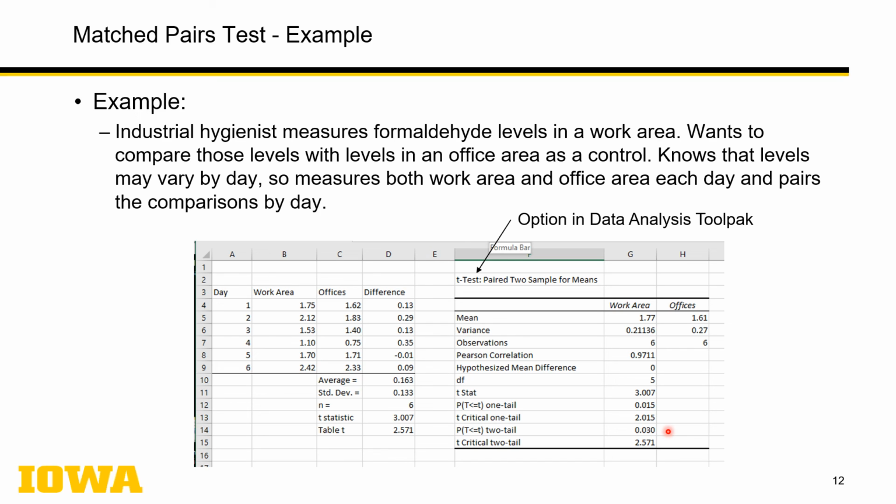Then yes, reject. The difference is not equal to 0. Therefore, there is a difference. If you reject, there is a difference between them. Okay, with that, we'll end this at the 60-minute mark and continue on with Module 5 next time.